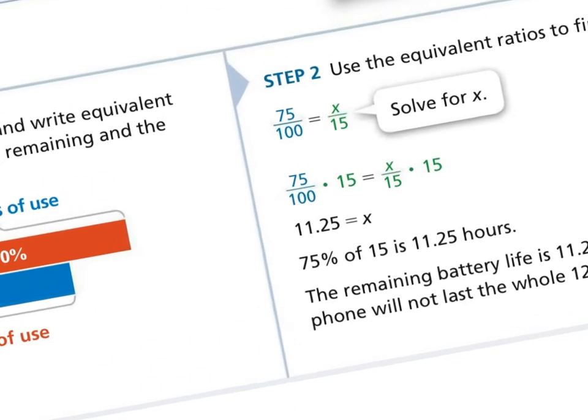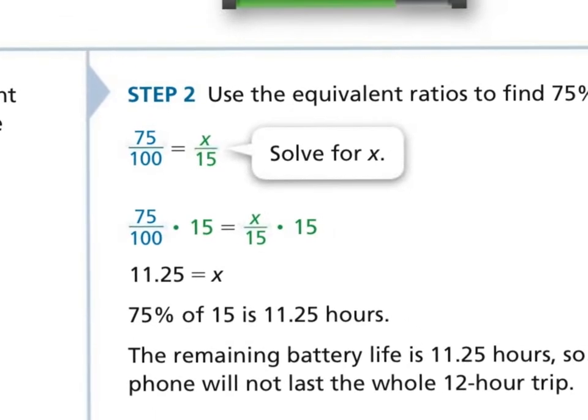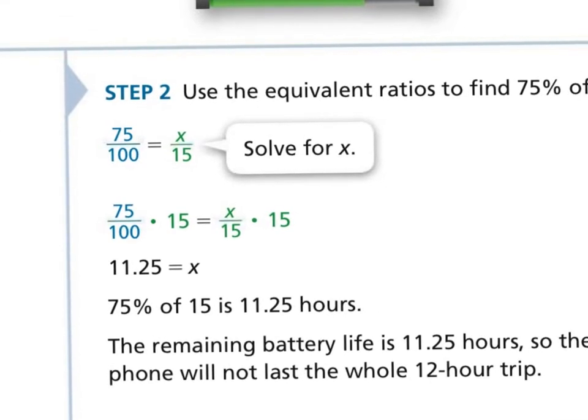If you do it this way, if you're solving for x, you could say the x is being divided by 15, so you could multiply by 15 on both sides. That's like 15 over 1, so those would cancel.